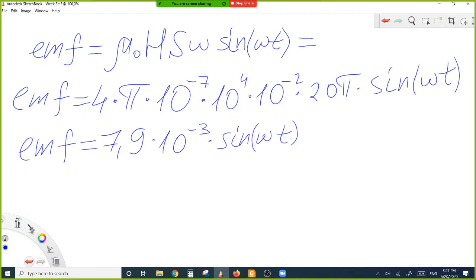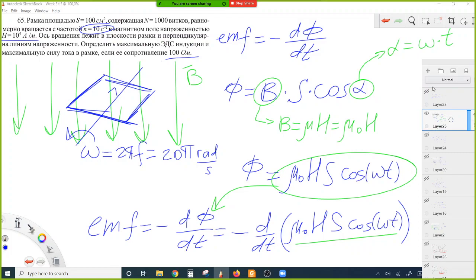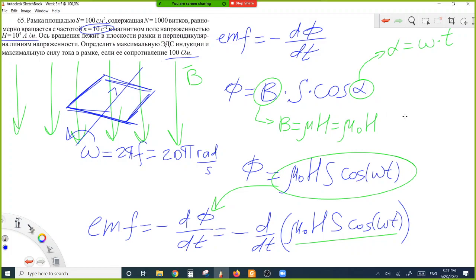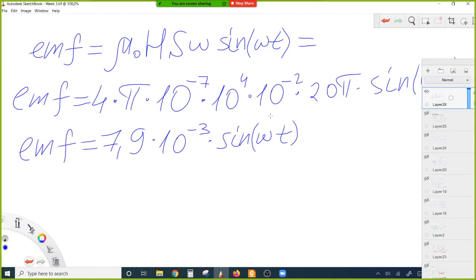sine omega t. Well, please pay attention, in this equation of electric motive force, I skipped the number of turns N. That's why we found the electric motive force per one turn of our coil.